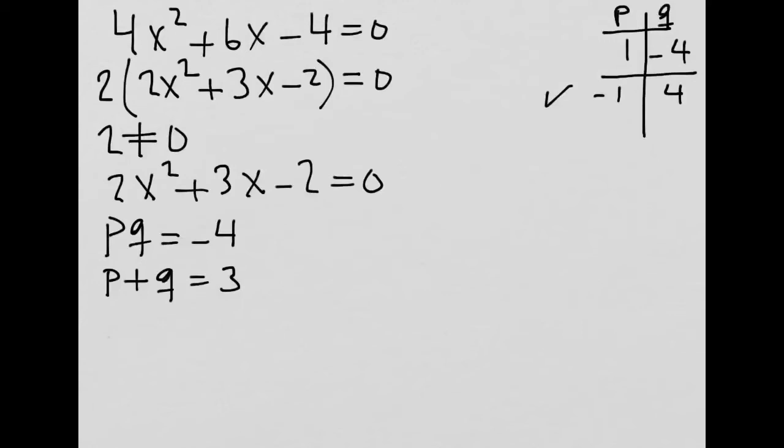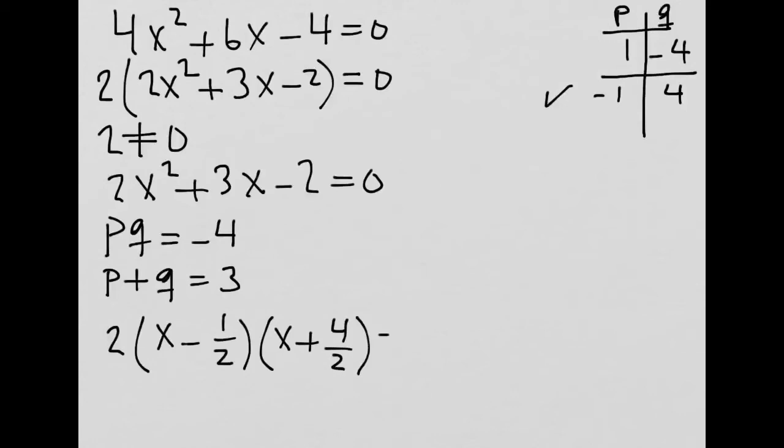So we factor the left-hand side by doing 2x minus 1 over 2, 2x plus 4 over 2. That's equal to 0. So we have 2x minus 1 over 2, x plus 2 equals 0.